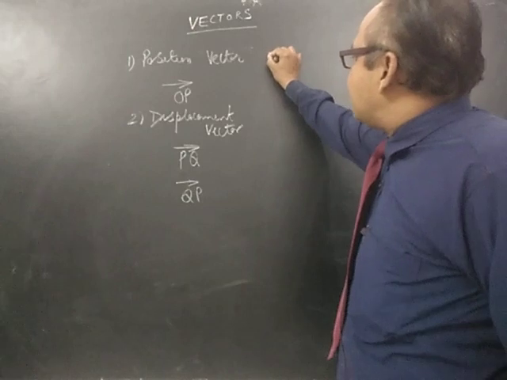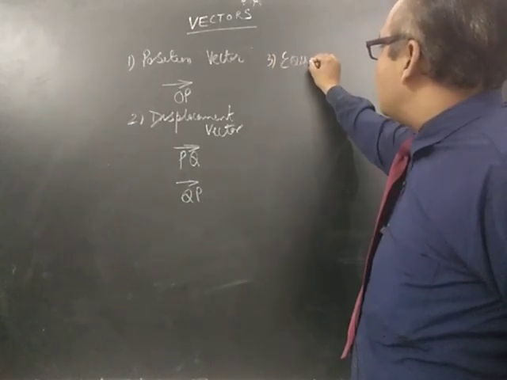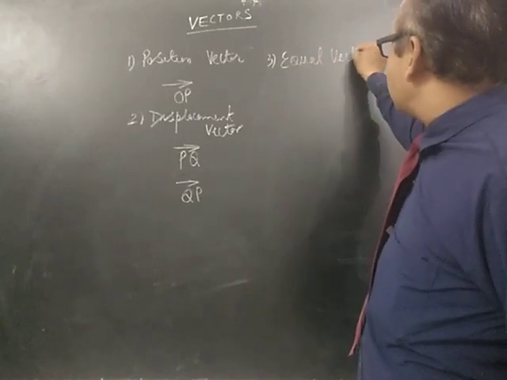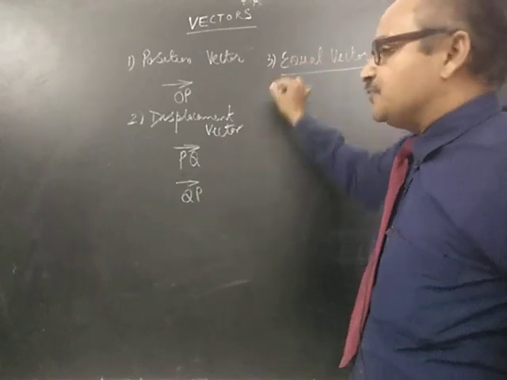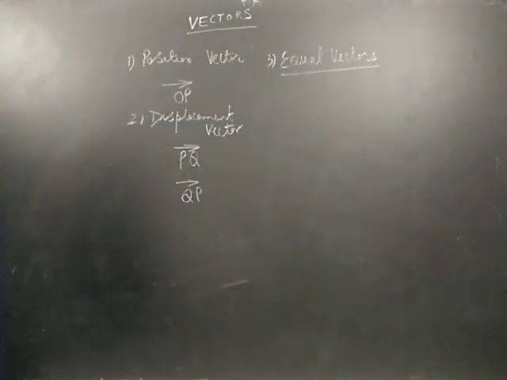What do you understand by the term equal vectors? If there are two vectors, how will you say that these vectors are equal? If you are given two vectors A and B, how will you say that they are equal?